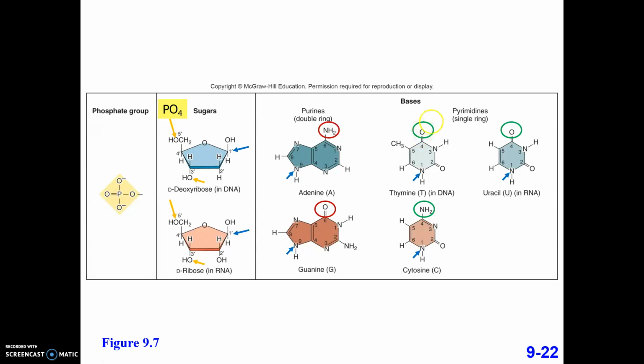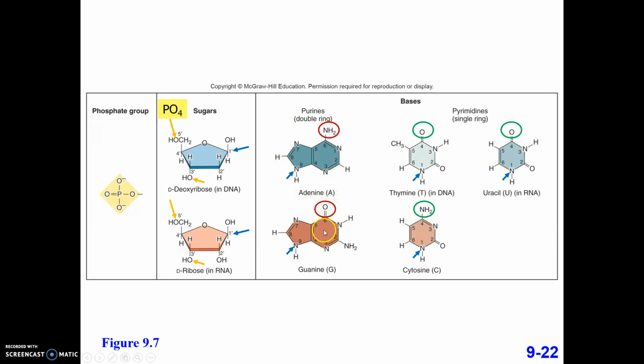Okay. Now, if you can remember that you have DNA versus RNA differences between thymidine and uracil, provided that you know you're looking at DNA or RNA, you will be able to tell which one is which.